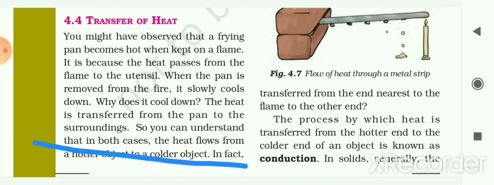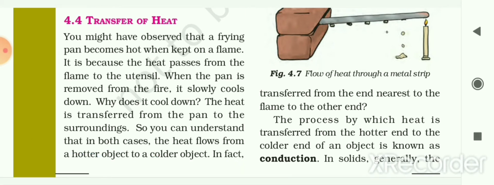In that case, the heat is transferred from the pan to the surrounding. When you put the pan on the flame, the heat is passing from that flame to that pan, and when you remove that pan from the fire, it slowly cools down. At that time, the heat is transferred from that pan to the surrounding.